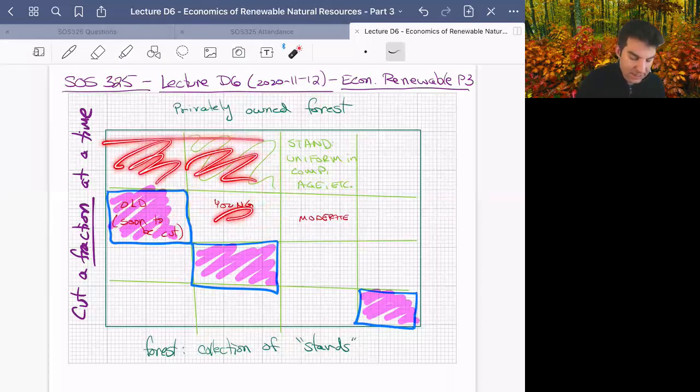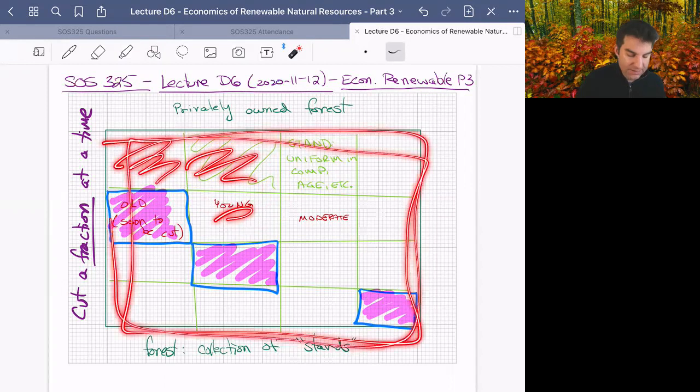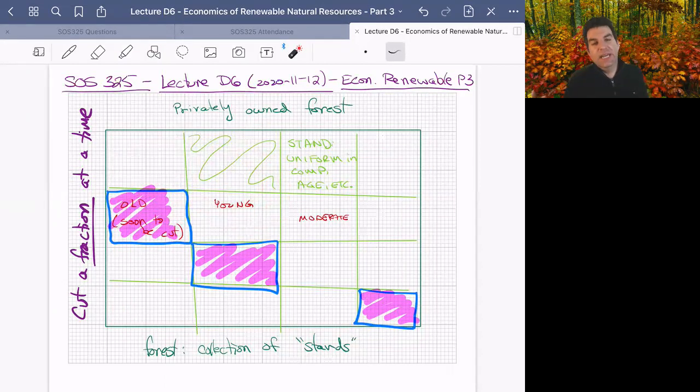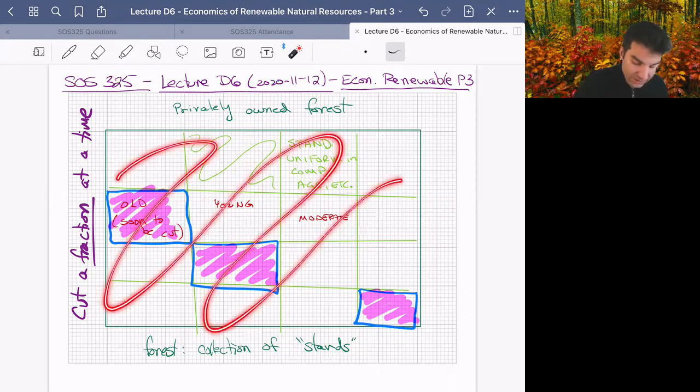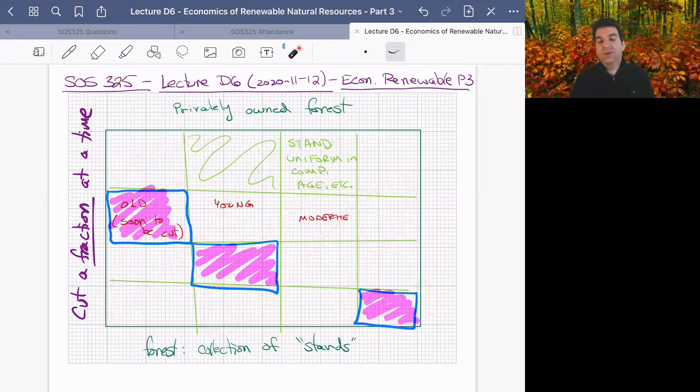But the idea is that over the entire forest, if you have made decisions to maintain old growth forest, then somewhere throughout all of the stands that go into your forest, there's going to be some old growth forest. And so it is possible to continuously maintain habitat while also harvesting that habitat for timber. And so that's kind of the picture that we have here.